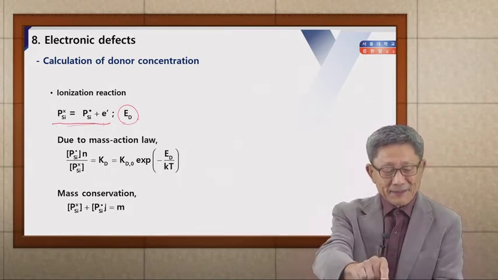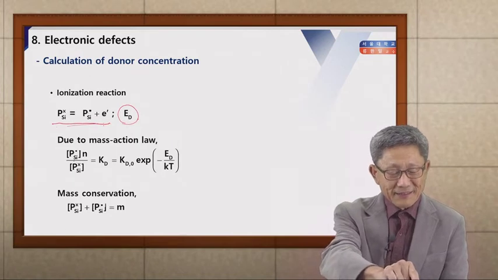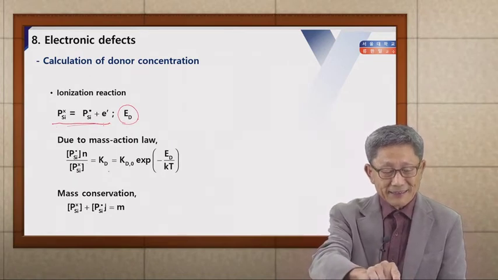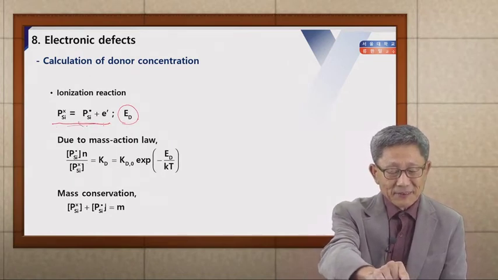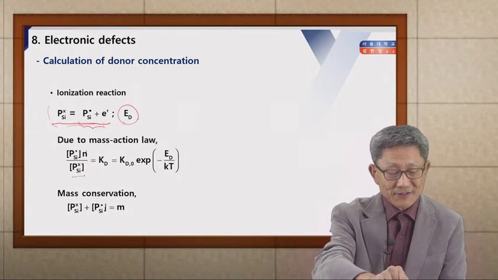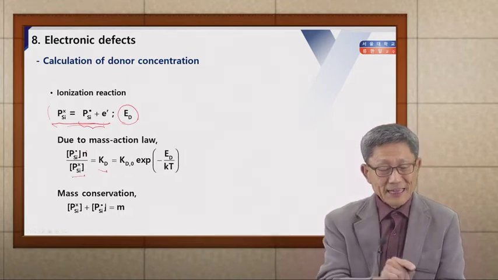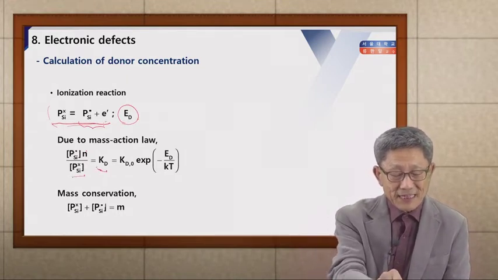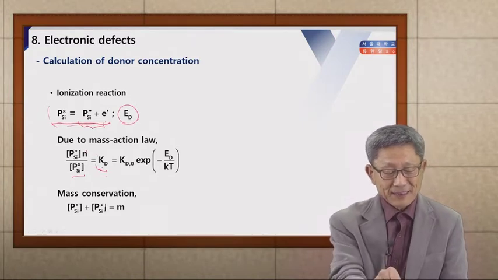Simply by applying the mass action law, you can write it this way: the product of the concentrations of products divided by the reactant concentration makes a constant, namely the ionization reaction equilibrium constant for the case of donor.